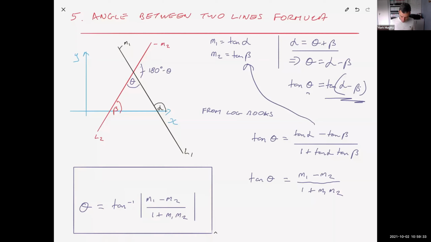It might be better to do examples with that later, but what I'll do just for your notes, I'll write it out. So if L1 is parallel to L2, that means that the angle between them is 0. That makes sense, doesn't it? There's no angle between those lines. Theta is equal to 0 degrees.